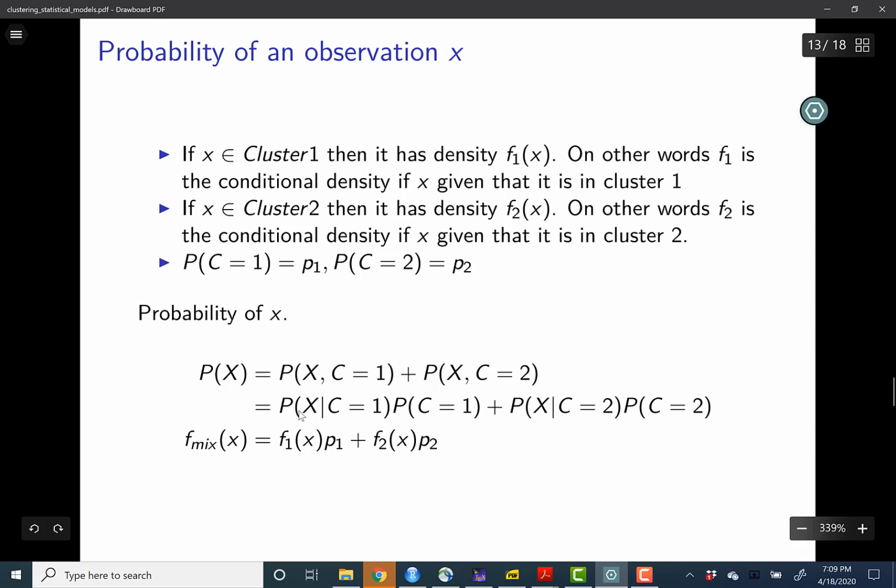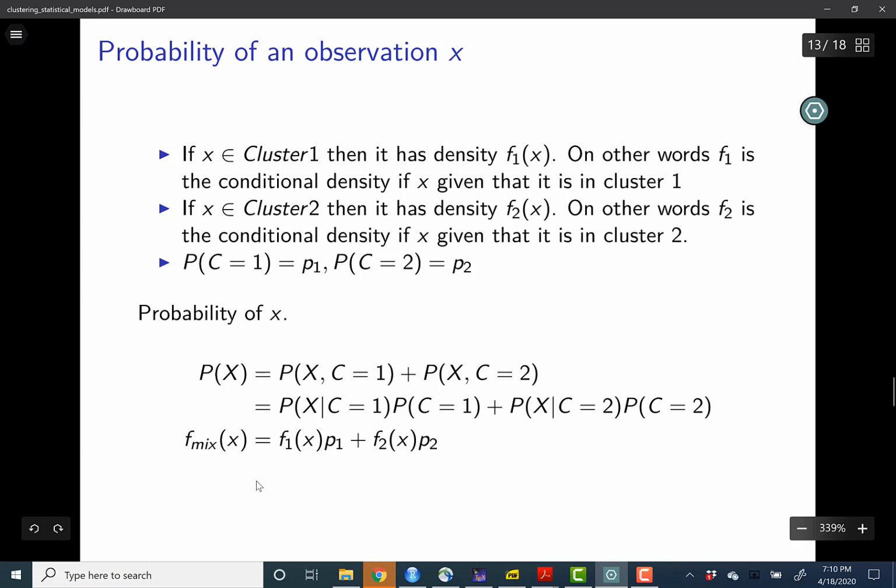The probability of X given C equal to 1: we know the density of X, if X is in cluster 1, is F1 of X. So this is just F1 of X. The probability that C is equal to 1 is P1. The probability of X given it is in cluster 2 is just this density, F2 of X, times the probability that C is equal to 2.